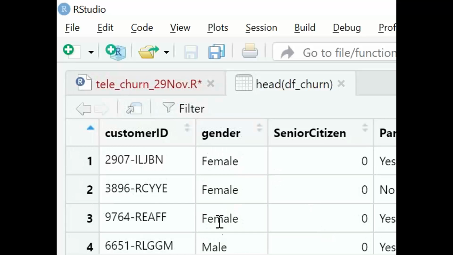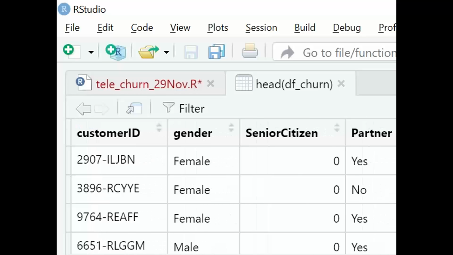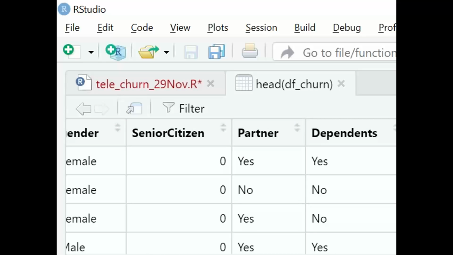So we have the customer ID, the gender, and partner. What was partner? If you go and check your data dictionary, you will be able to understand whether his partner is also using the services or not, and whether he has any dependents in the family or not.